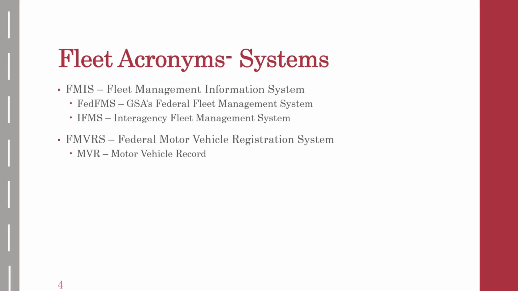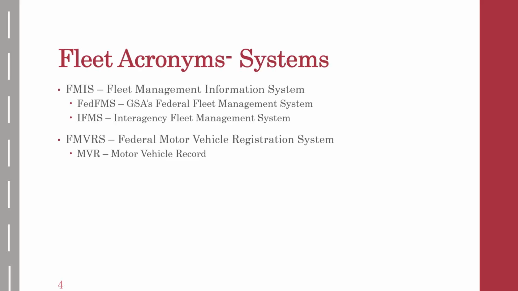And fleet management information systems contrast with property systems in that fleet systems are more towards the large amount of operational data that is incorporated into fleet management, such as mileage and fuel transactions, maintenance and repair costs, and things of that nature.